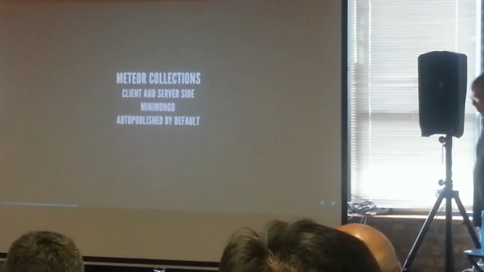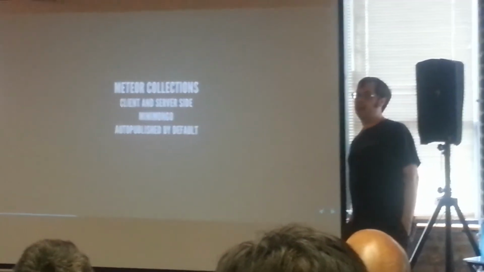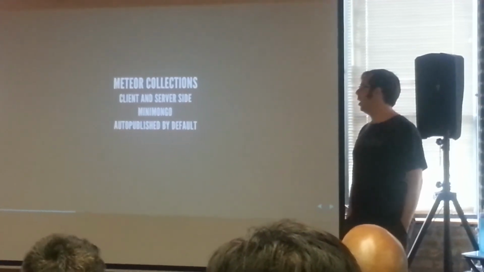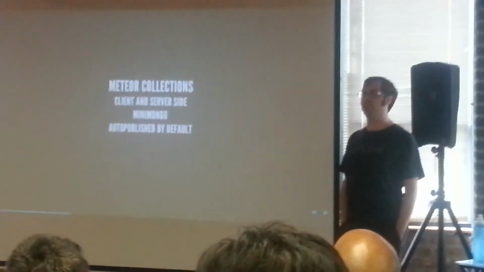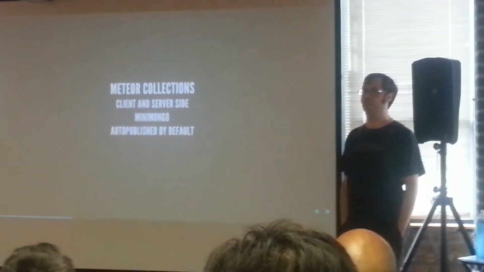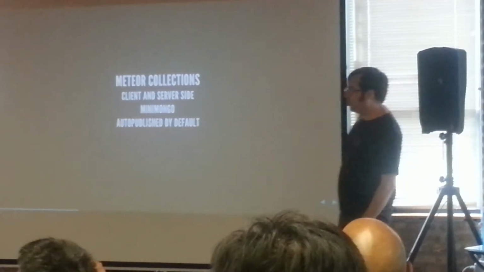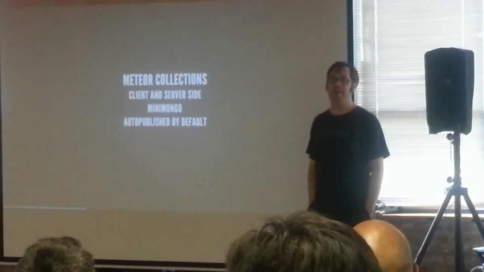So let's talk a little bit about Meteor collections. Meteor collections are basically a thin veneer over Mongo collections. But the interesting thing about Meteor collections is they are available on both the client and server side. The way that they actually do that is with something called Mini-Mongo.